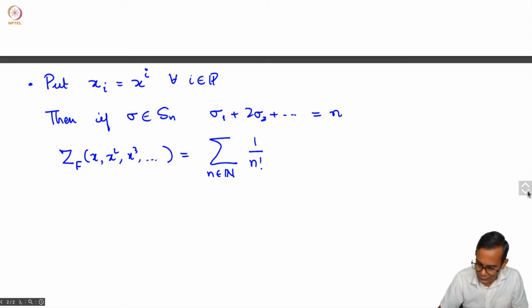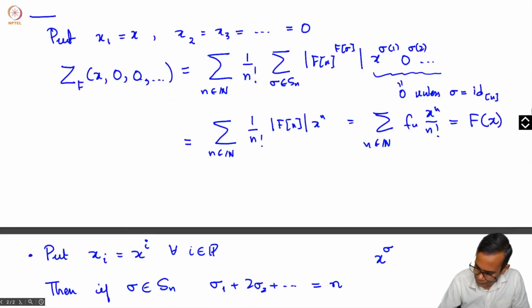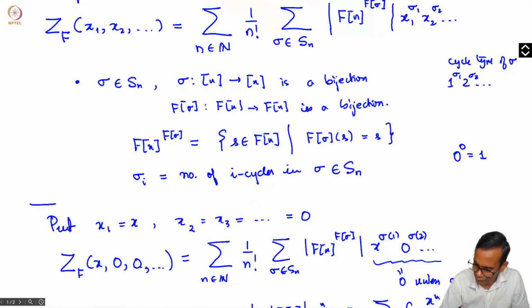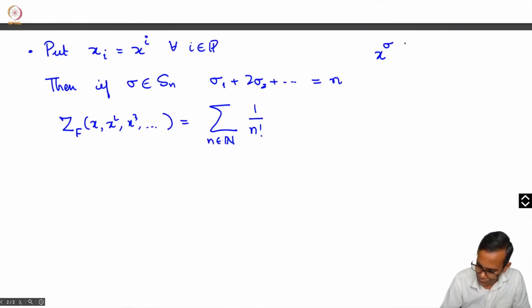But what we saw is that if sigma is in Sn, then this product here, x1 to the sigma 1, x2 to the sigma 2, becomes x to the sigma 1, x to the 2 sigma 2, and so on. This becomes just x to the power n.